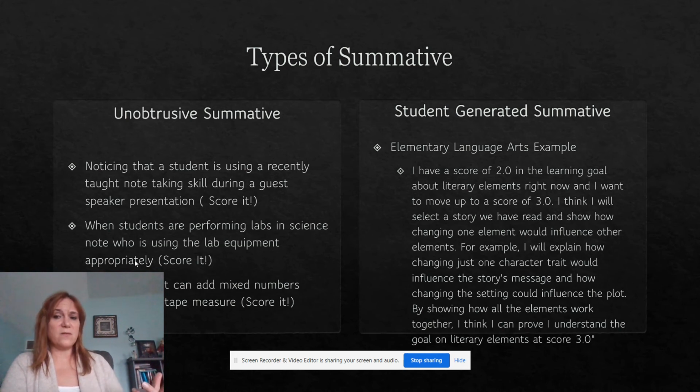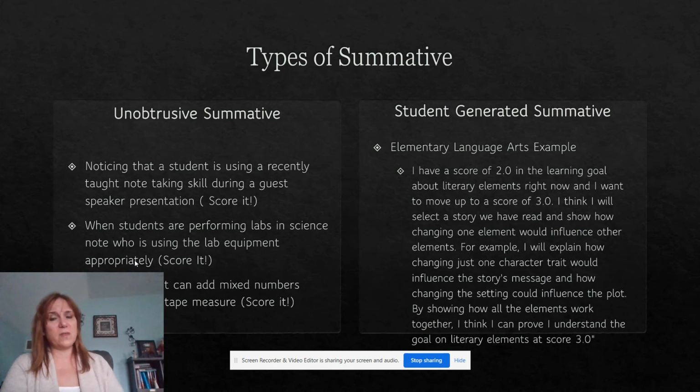They could say, I've scored 2.0 on the learning goal about literary elements, and I want to move up that score. I think if I select a story we've read and show how changing one element would influence another, maybe I could explain how changing just one character trait could influence the story's message, or how changing the setting could influence the plot. By showing how all the elements work together, I can prove that I really understand the literary elements, and maybe I could get a better grade.